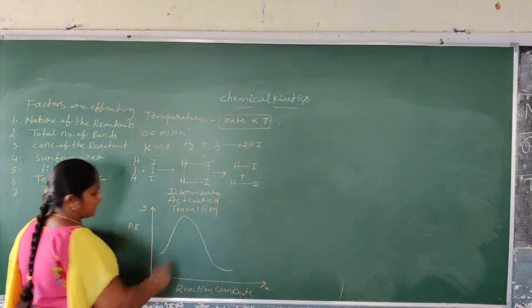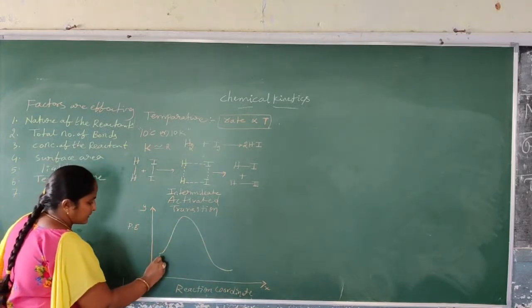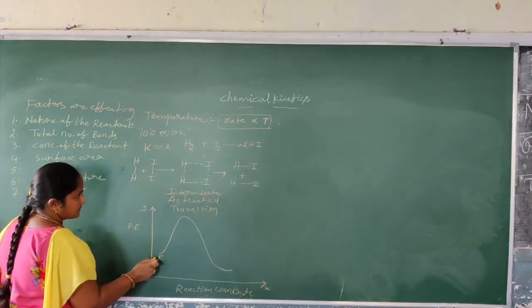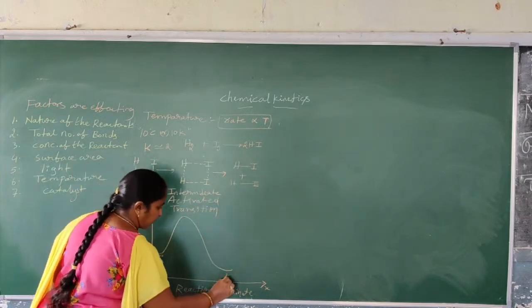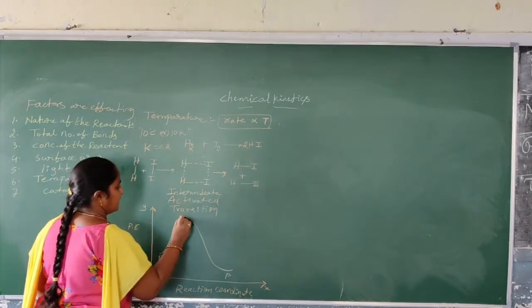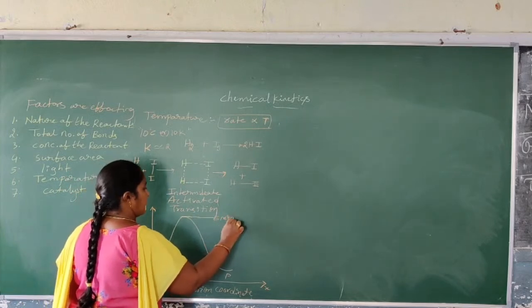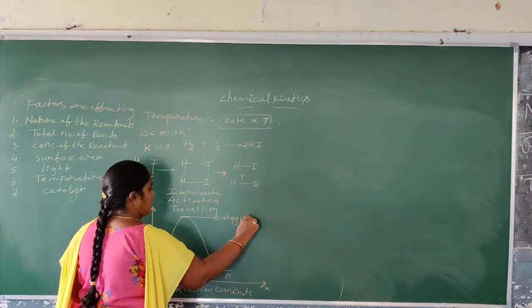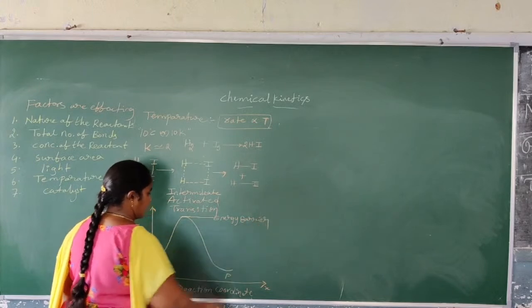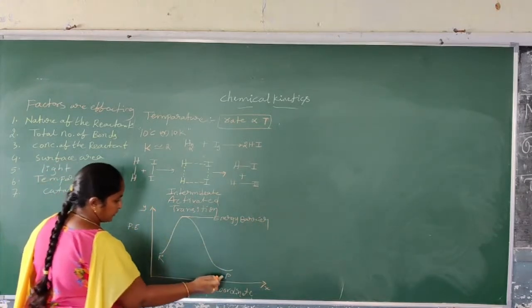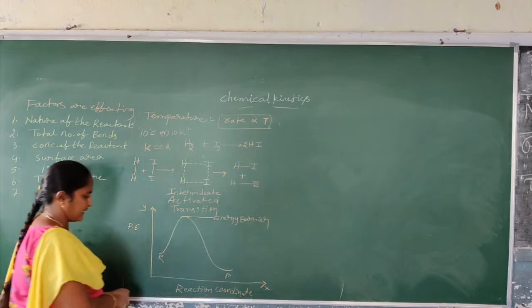It is one of the graphs now. Reactants are converted into the products after passing the energy barrier. It is called the energy barrier. For all reactions, reactants are converted into products after passing the energy barrier.